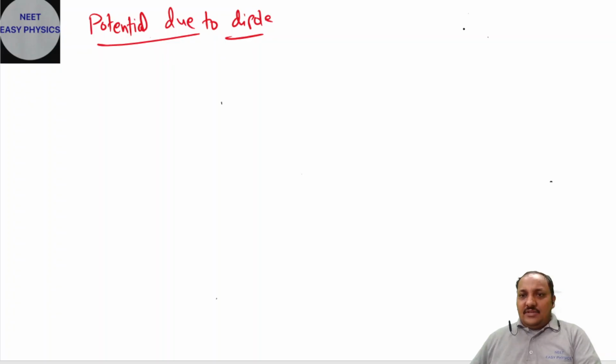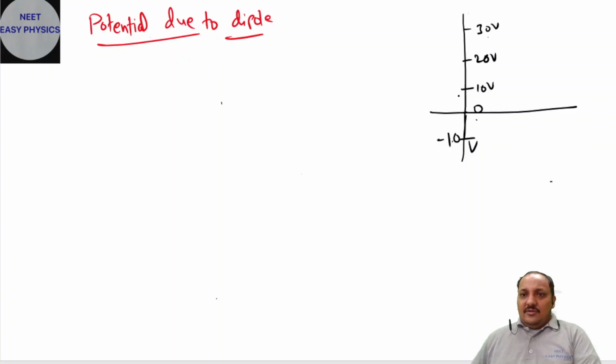If you want to see another simple problem on this, they will give voltage values like this: 0, minus 10 volts, plus 10 volts, 20 volts, 30 volts. At each distance they will give this value: 1 centimeter, 2 centimeter, 3 centimeter like this.